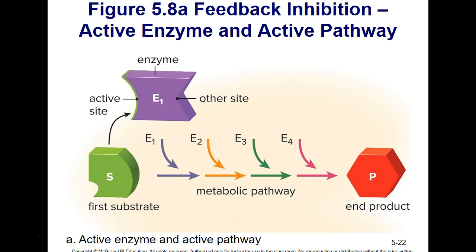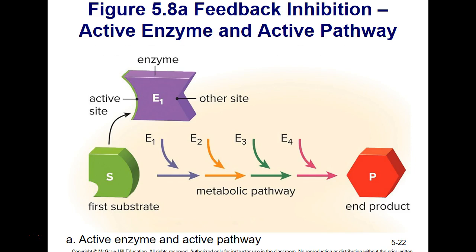Of course, you're going to have your enzymes. You have six enzymes here. Well, actually, four. If you have four enzymes, the first substrate is going to bind to the active site on enzyme 1. So when that substrate binds to enzyme 1, you're going to create a pathway, and it's going to produce product. That product is going to bind to the active site of enzyme 2, and so forth, and that's when you're going to have a feedback inhibition.